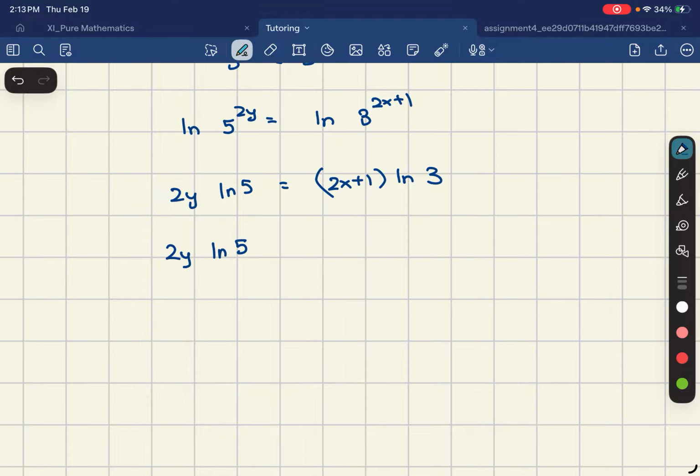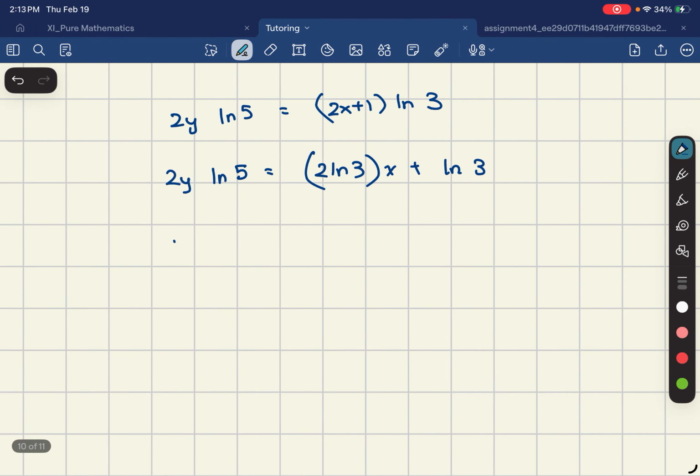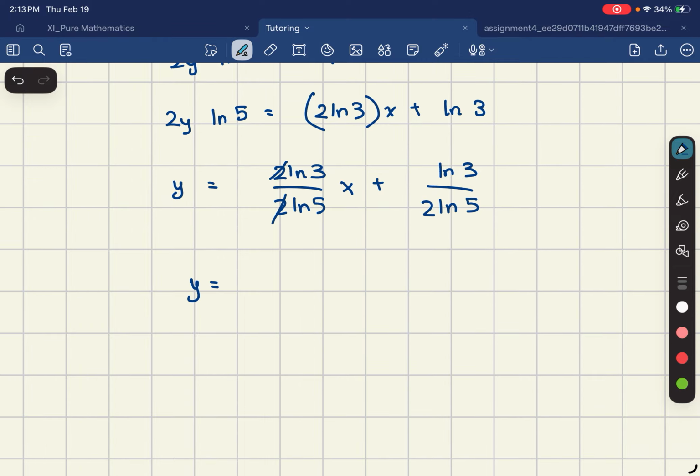So 2y ln 5 is going to be 2 ln 3 x plus ln 3. And finally, y is going to be (2 ln 3 over 2 ln 5) x plus ln 3 over 2 ln 5. And the 2's will cancel out, giving us y is equal to (ln 3 over ln 5) x plus ln 3 over 2 ln 5.